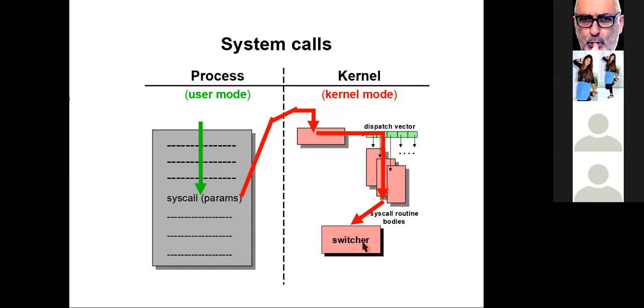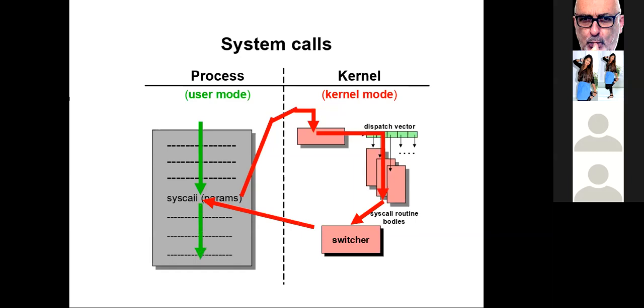the component of the kernel that is called the switcher. The switcher is the most important element of the kernel. The switcher, probably, but not necessarily, we will see, returns the thread of execution exactly to the point where the process was interrupted because it called the proper system call, and the execution continues.